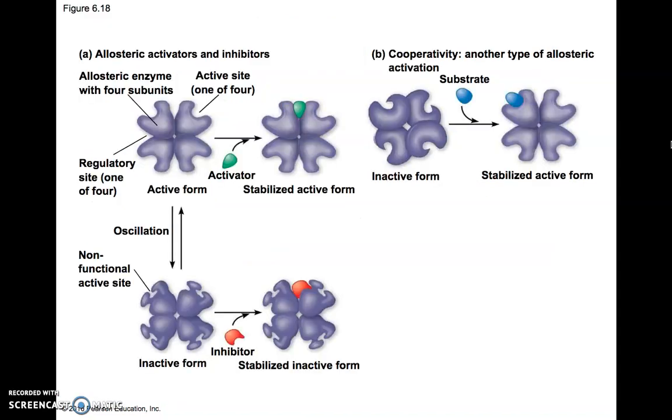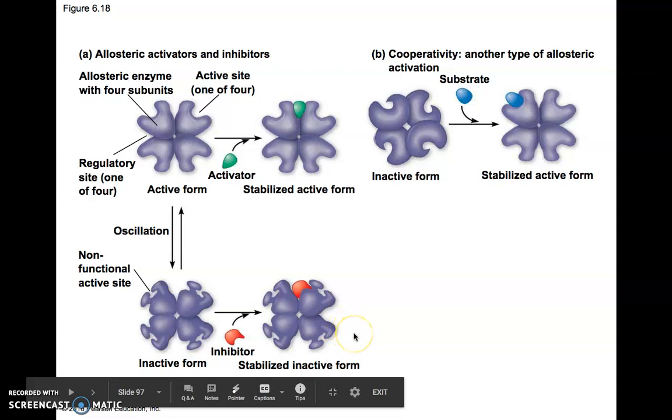So you can see here we have this enzyme and the activator binds to a particular area, and now it's a better active form, but it's made up of these 4 subunits. We also have the inactive form where the inhibitor binds, and it keeps this in the inactive form.